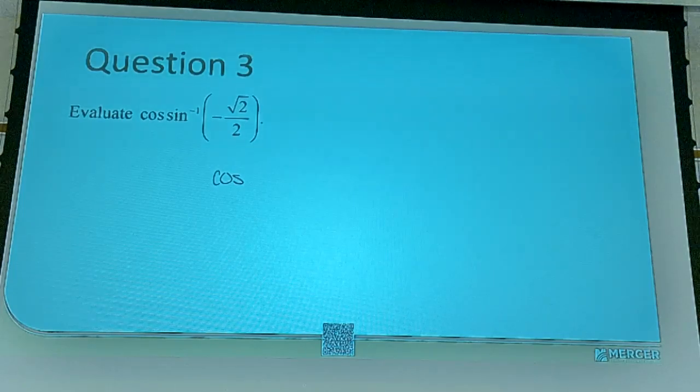315 degrees. What's the coordinate? I want the angle in radians.